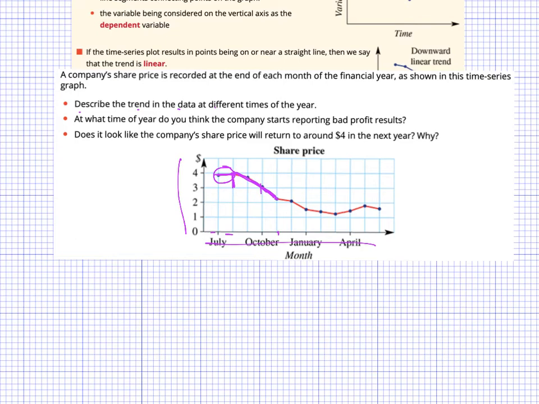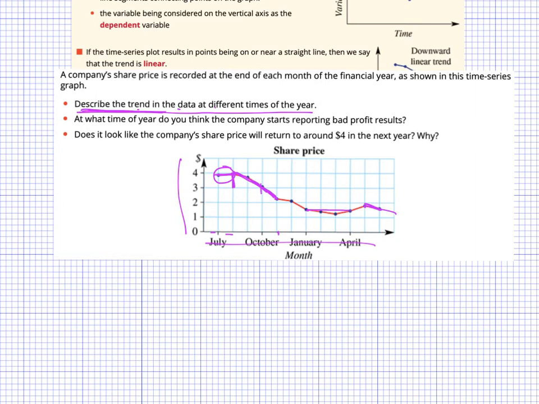We could also say that from January through to April, it sort of maintains its value a little bit. It goes down but comes back up. We could also say things like from April, May onwards, it looks like it might drop back down again. So these are generally things we could look at in different times of the year, and it's up to you to pick them out and describe them.